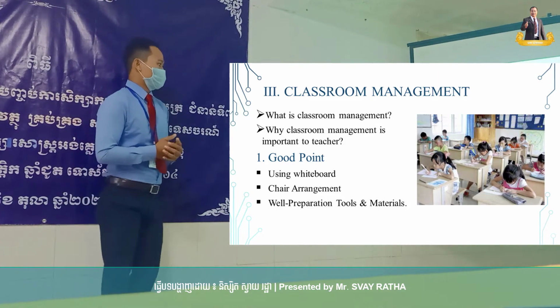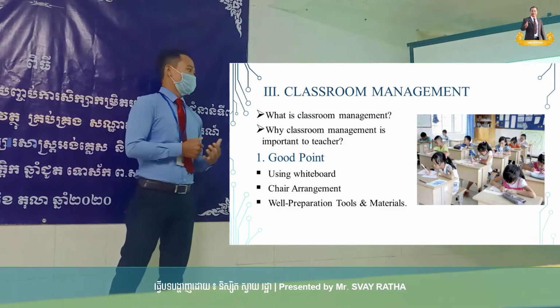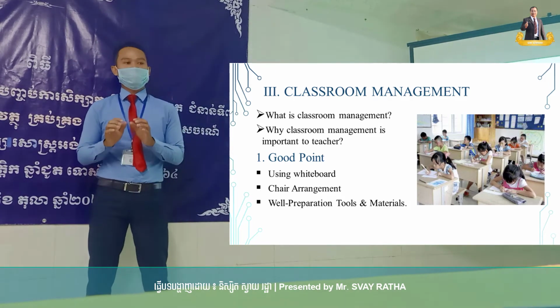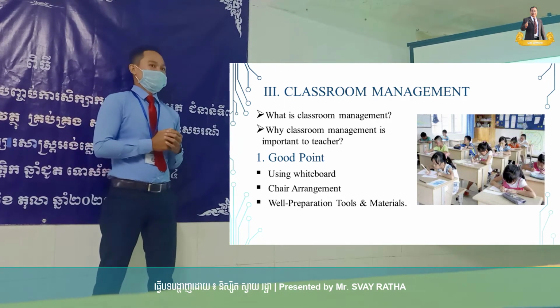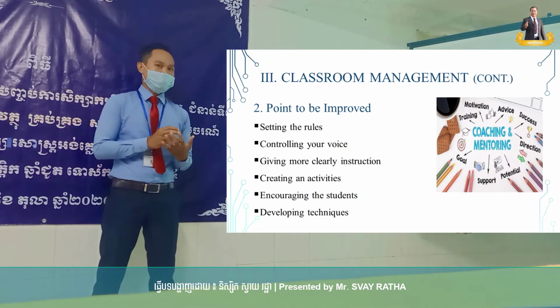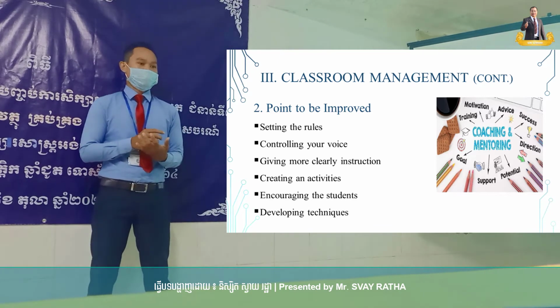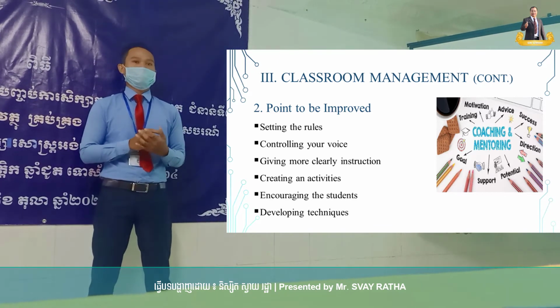And the third is preparing tools and materials. There are many materials for the teacher to use in the class, like an LCD projector, textbook, coursebook, handout or worksheet, and audios or transcripts, something like that.